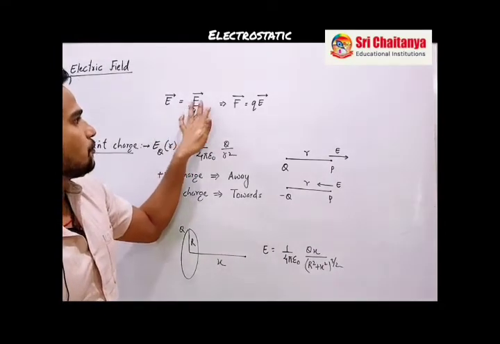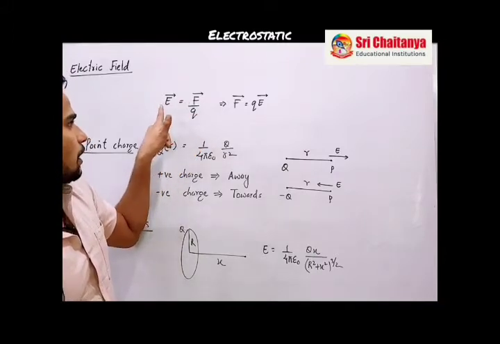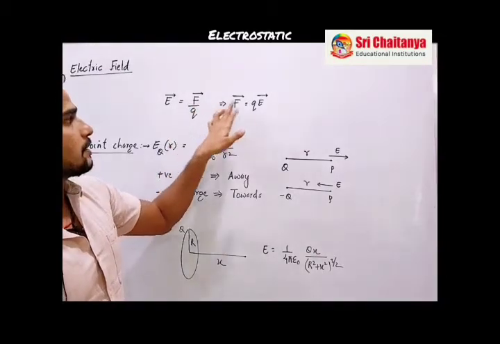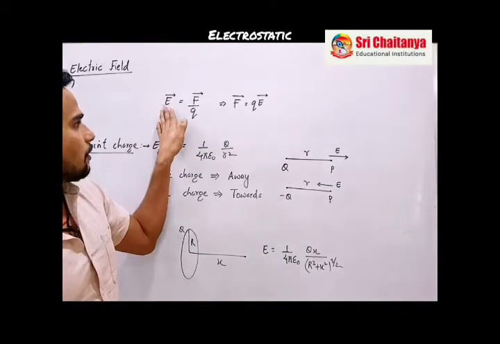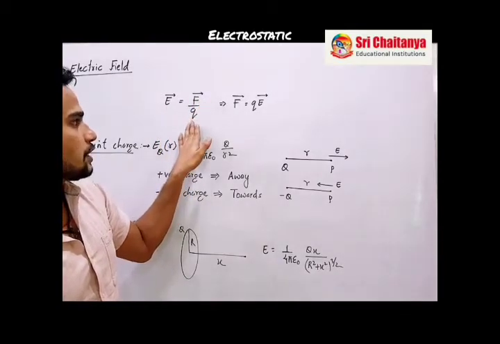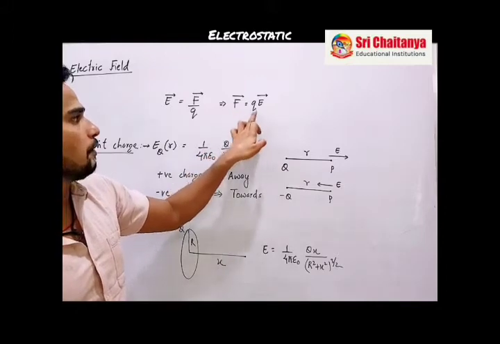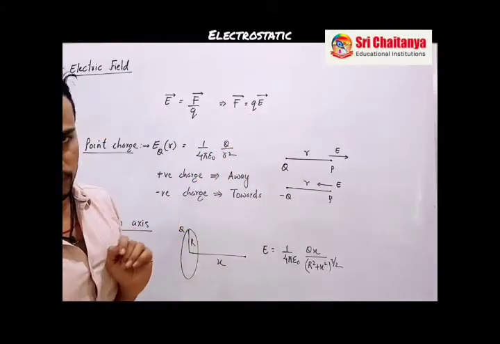E will be equal to F by Q. Many times F is given, so you can find electric field with the help of F by Q, or many times E is given, so you can find F also. So electric field will be equal to force per unit charge. If electric field is given, you can find force also. F will be equal to Q into E. Important result, force will be equal to Q into E.